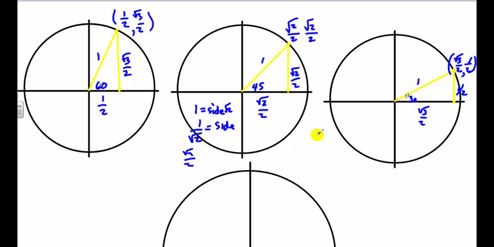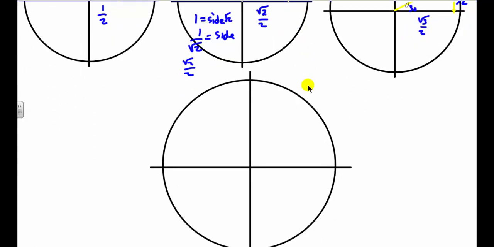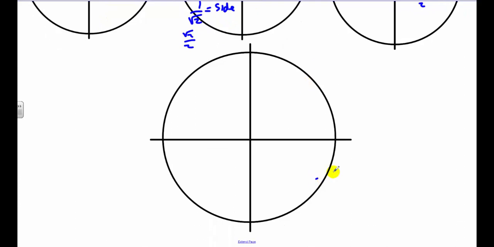Alright, so now that I've established 3 points for some special triangles, let's put these all on the same circle. I know that for a 30-degree angle, which is also pi over 6 in radian measure, I have coordinates of root 3 over 2 and a half.